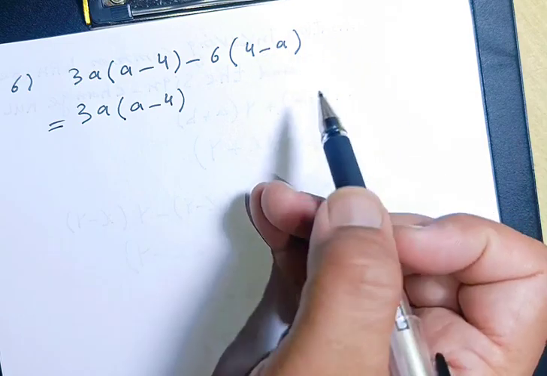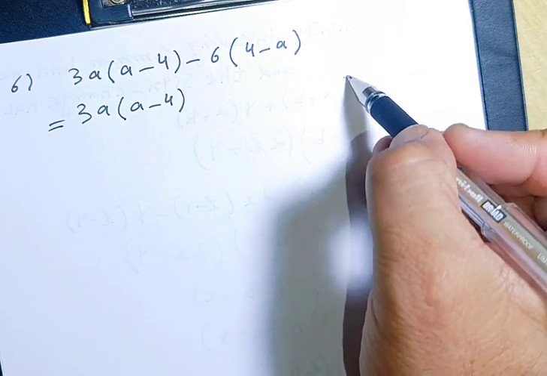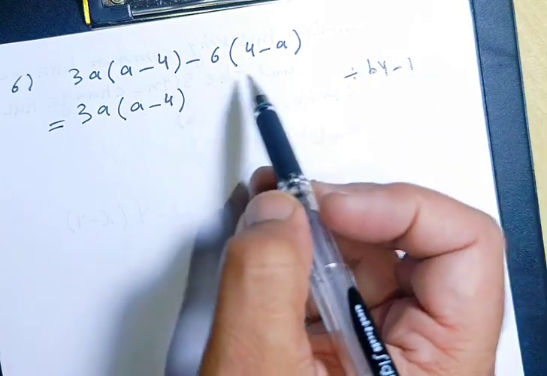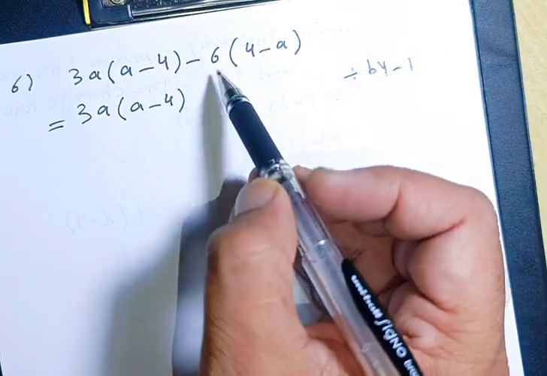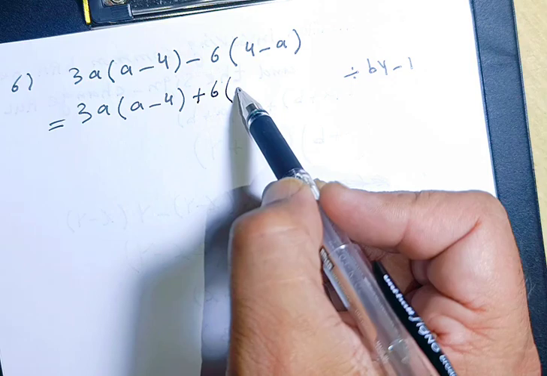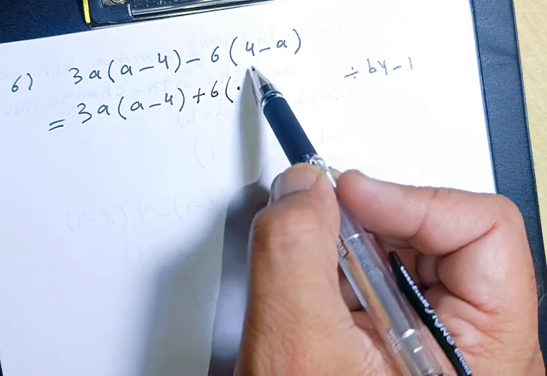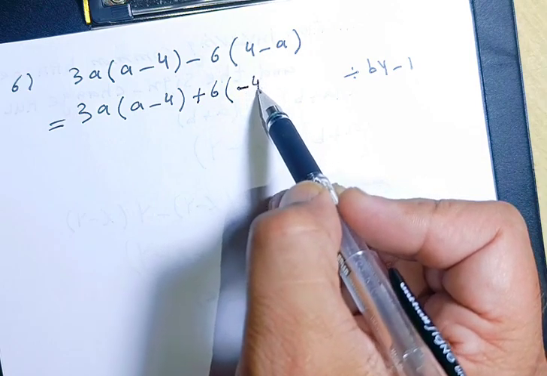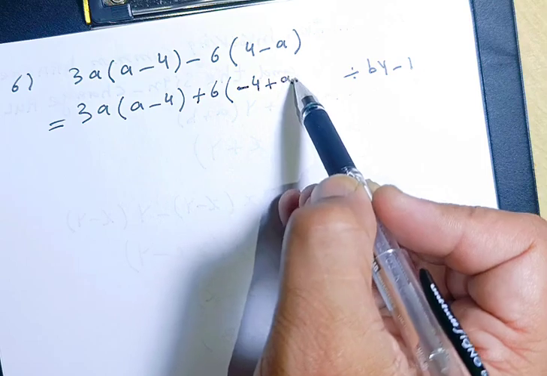Or the second method, hold this expression, you can divide by negative 1. So when I divide by negative 1, it's going to be a positive 6, and this is going to be a negative 4, and this is going to be a positive a, negative 4 and the positive a.